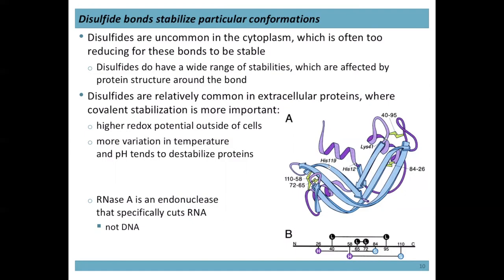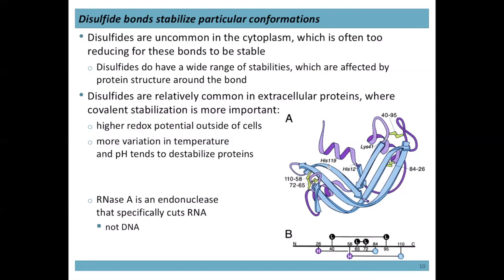You're going to reduce those down to free thiols. But disulfides are relatively common in extracellular proteins, where that covalent stabilization is more important, where you may see larger temperature fluctuations, oxidizing environments, or the pH may change.